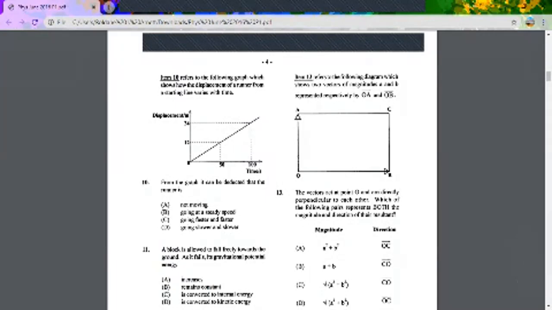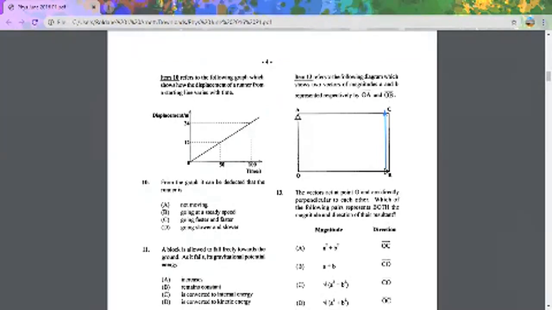And we're going to put OA right here. Let me get the arrow. So this is now OA. And we're going to connect OA to B using a resultant vector.